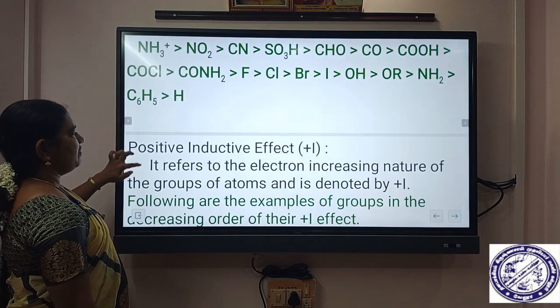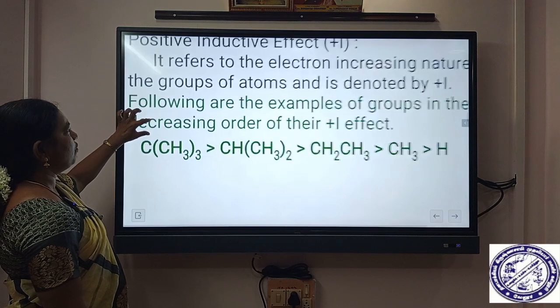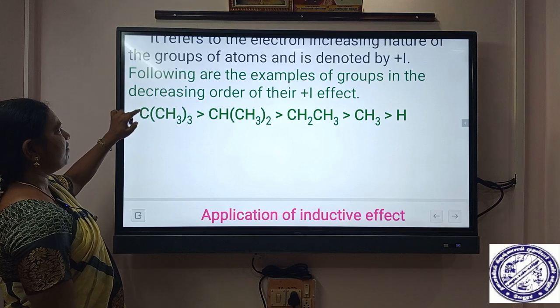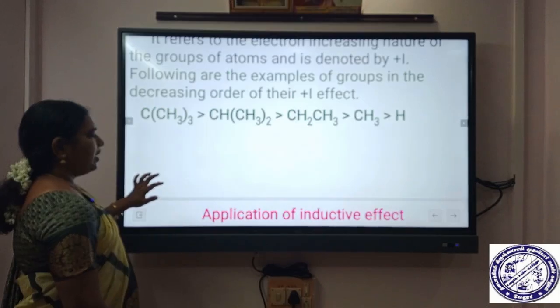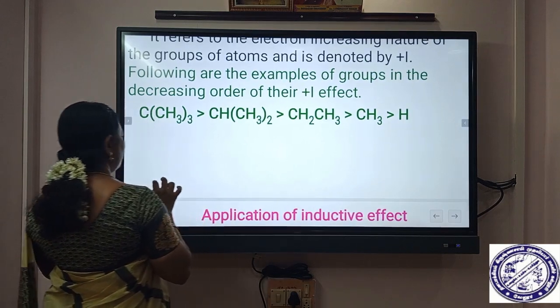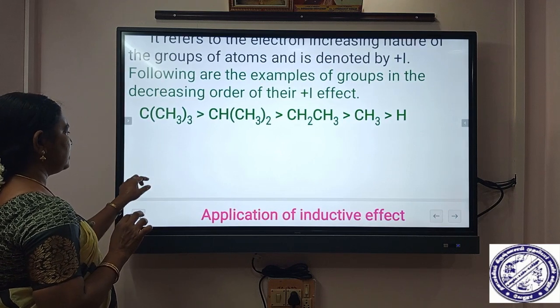Now we will see the positive inductive effect. It refers to the electron increasing nature of the group of atoms, and it is denoted as plus I effect, and this is the decreasing order of the plus I effect. Now we are going to see the applications of inductive effect. Before seeing the applications, I'll just give you an example.